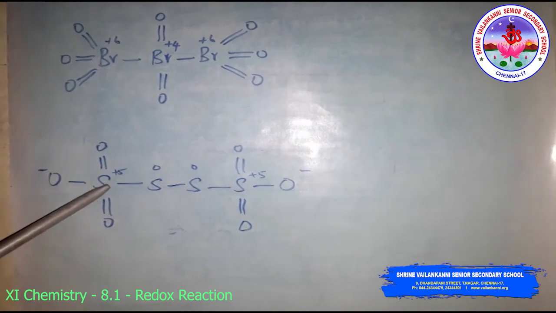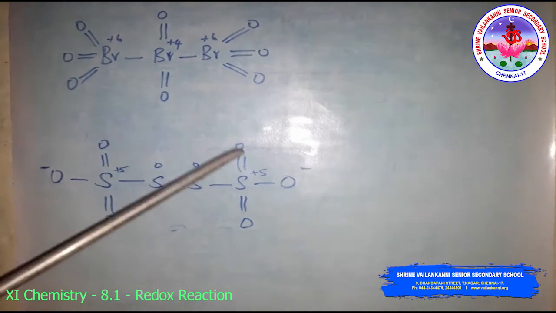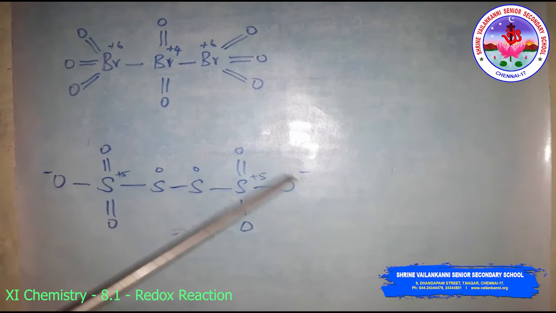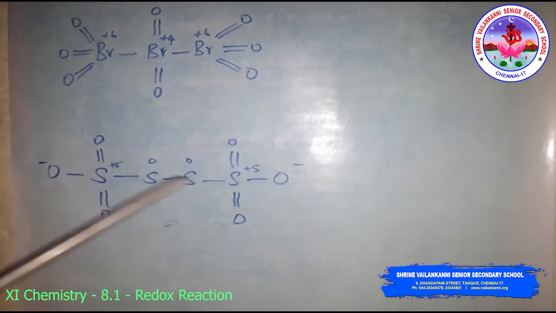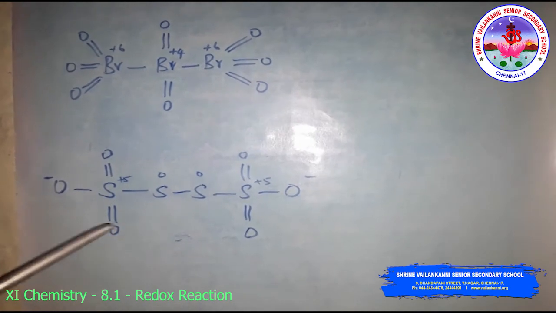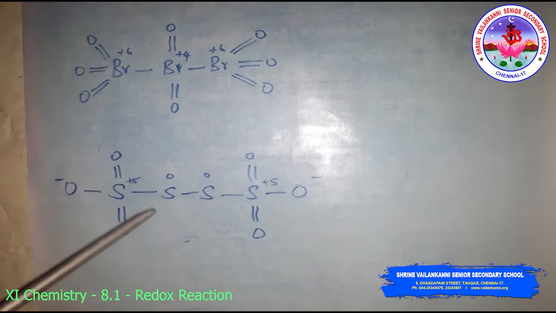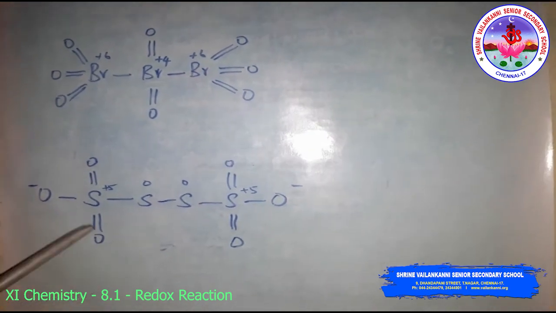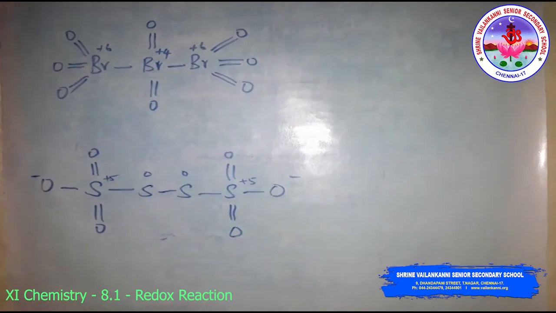So the opposite charge is plus 5. Similarly, in the case of this also same like that. So this minus 2, minus 2, this is minus 1. So here minus 5 and it will become plus 5. Here sulfur has 4 sulfur atoms, 10. So 10 divided by 4, it will become 2.5. So for the tetrathionate ion, the average oxidation state of sulfur is 2.5.